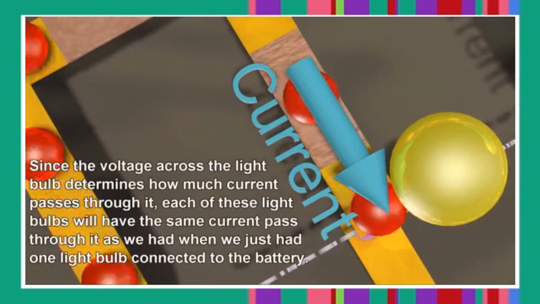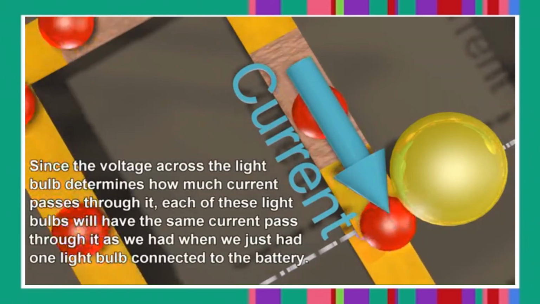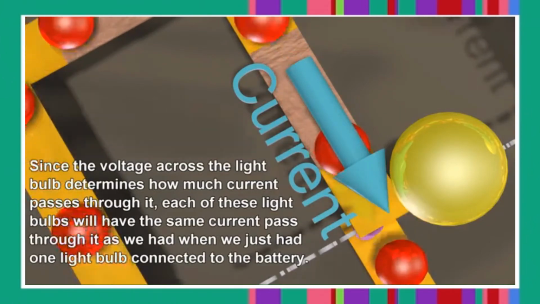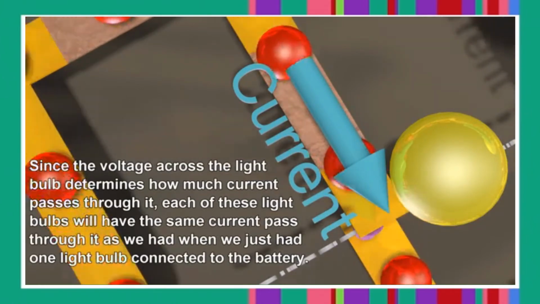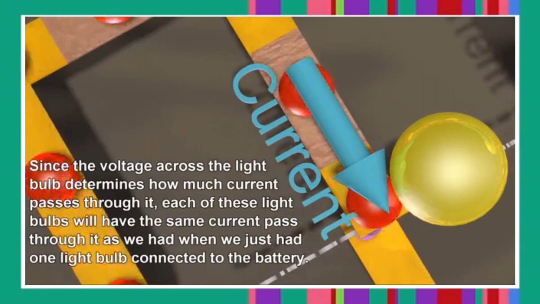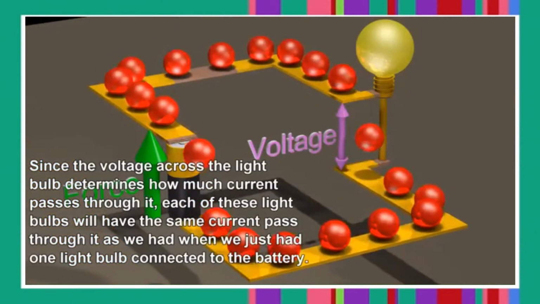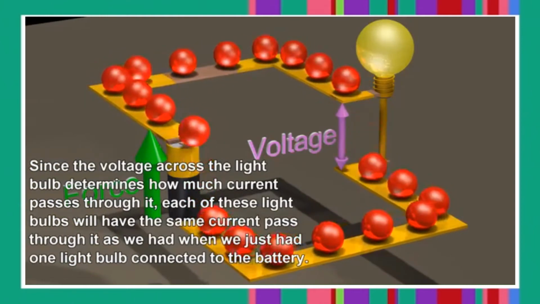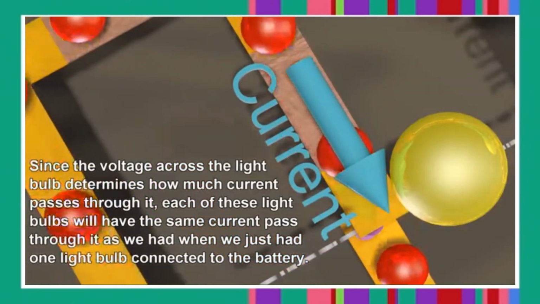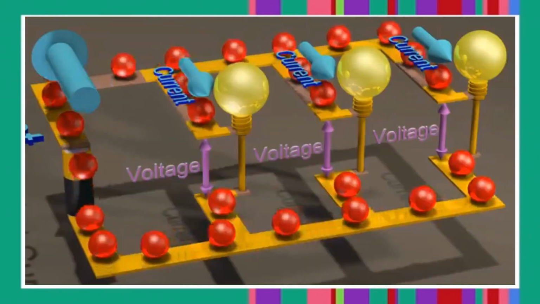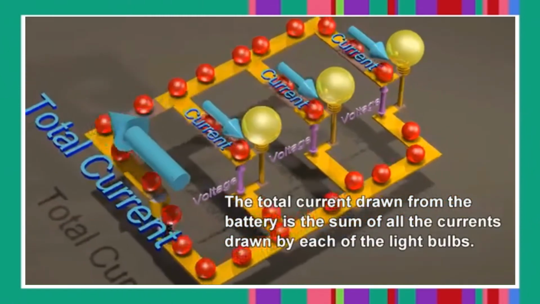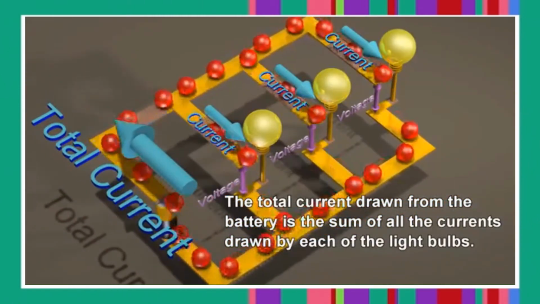Since the voltage across the light bulb determines how much current passes through it, each of these light bulbs will have the same current pass through it as we had when we had just one light bulb connected to the battery. The total current drawn from the battery is the sum of all the currents drawn by each of the light bulbs.